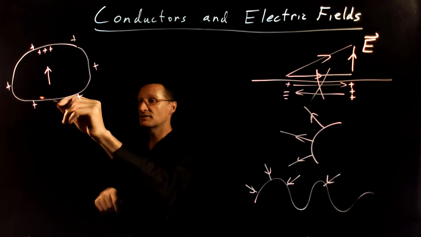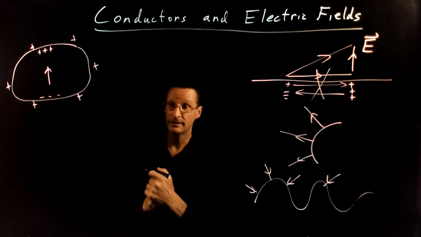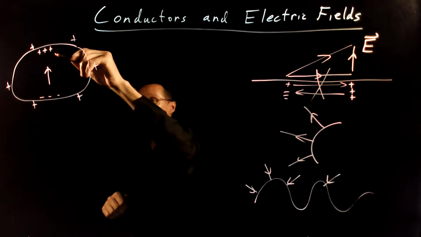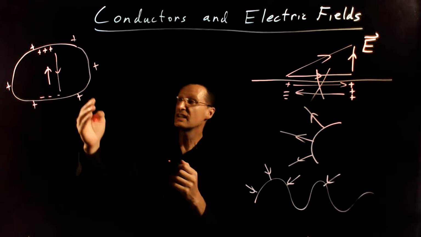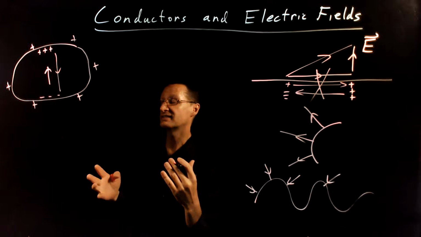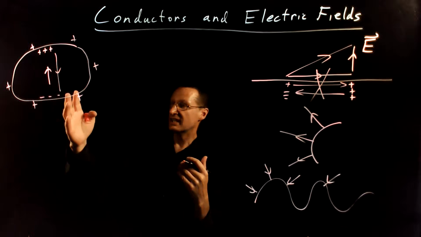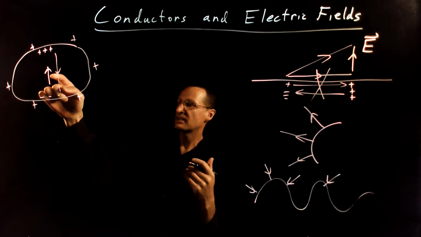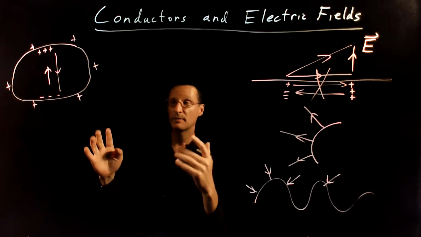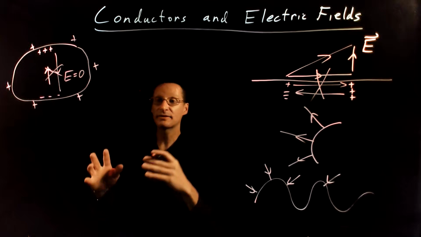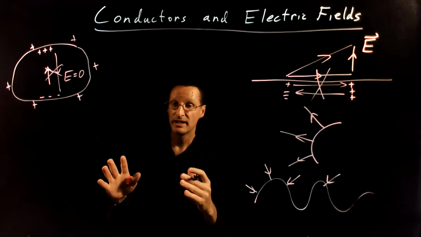Likewise, the negative charges will begin to accumulate down here. This charge configuration will then create its own electric field that opposes the other electric field that I just imagined might exist there. And eventually this will continue to happen until these two electric fields add up to zero. And so inside of a conductor, the electric field must be zero.